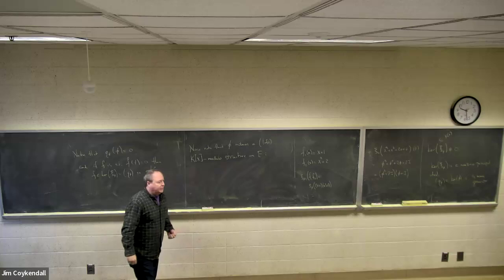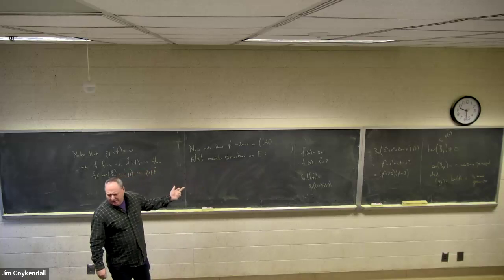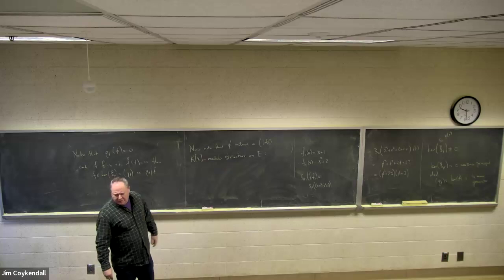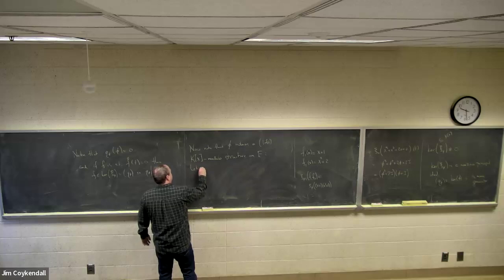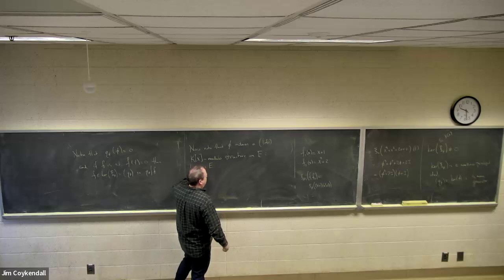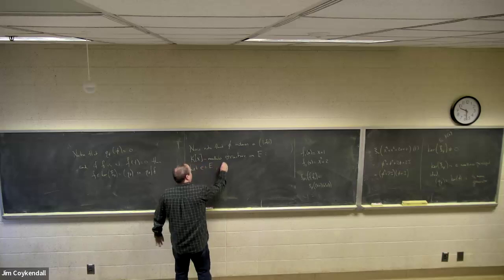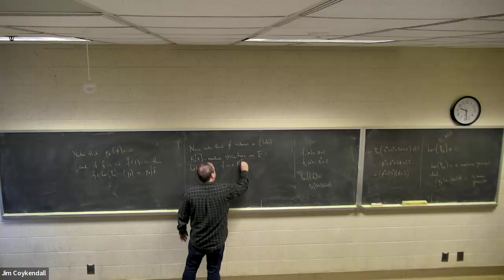Now, I'm going to tell you how it works, right? So K of X is my scalar, and let's suppose I want to multiply. So this is a vector in E, which is where I claim that I have my KX module. Let F of X be in KX.